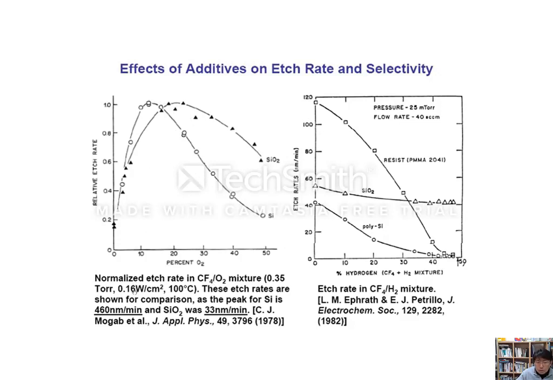This is the CF4 and O2 mixture, so this is dry etching for silicon or silicon dioxide at that particular condition. This is the pressure, and this is the power between the two electrodes. This is the temperature, right? In that condition, just changing the percentage of oxygen makes a really dramatic change in the etch rate, right?